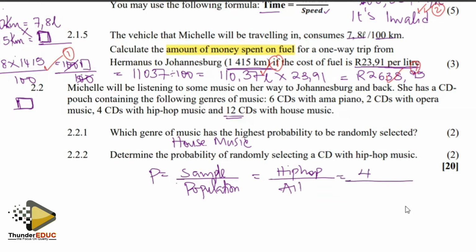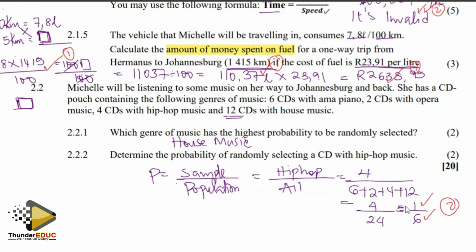Out of the total number of CDs, 6 plus 2 plus 4 plus 12, which is 24. So this is 4 out of 24. Simplified, 1 out of 6. How do you get the 2 marks? We are marking the numerator and the denominator. You have the right numerator, you have the right denominator.